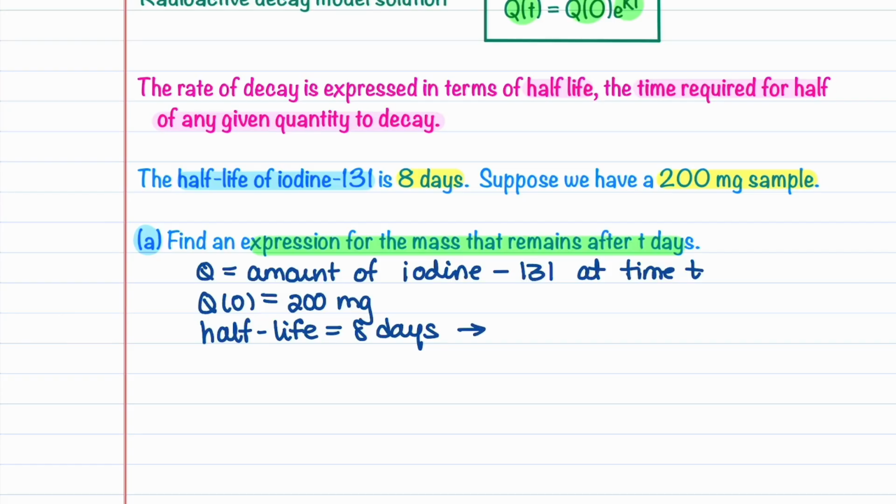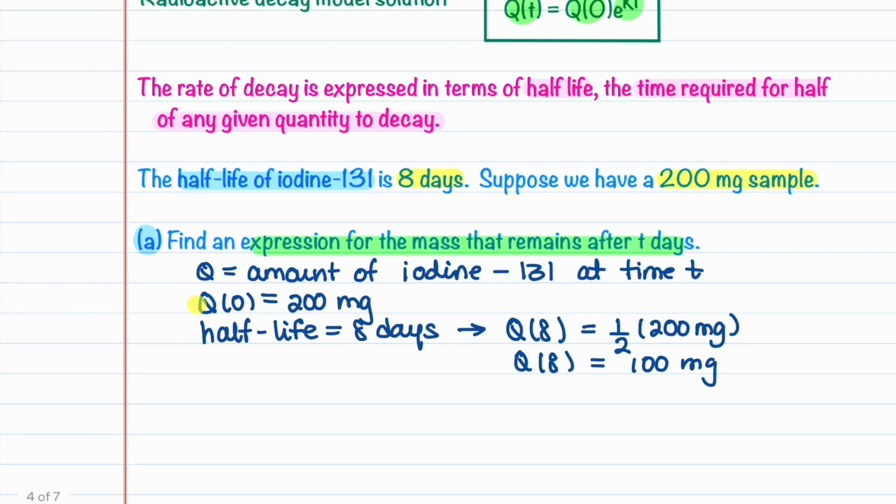That just means that the amount of iodine at 8 days is going to be 1/2 of the amount that we started with, which was 200. So this tells us that Q at 8 days is going to be 100 milligrams. I'm going to go ahead and highlight both of these because we are going to need these when we find what Q is equal to.